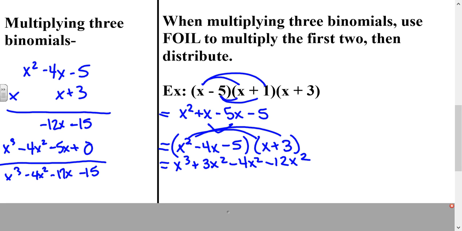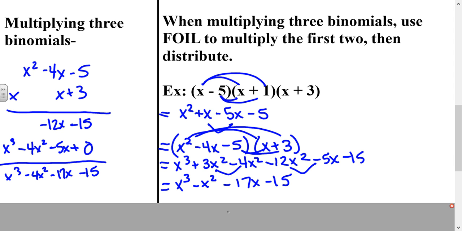Then I take negative 5 times all the numbers. So negative 5 times x would be negative 5x. And negative 5 times 3 would be negative 15. So if I combine all my like terms, I have x cubed. And if I combine these, I would have negative x squared. And then if I combine these, I would have negative 17x. And then I would have negative 15.